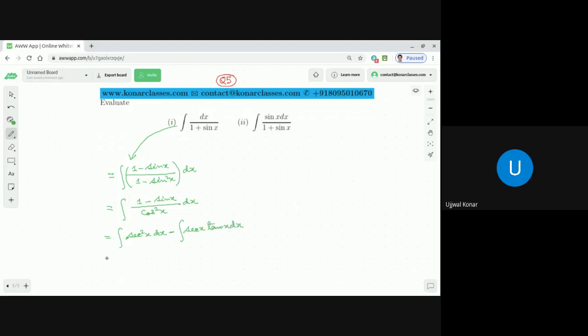All of you got it? Yes. Now we know that integration of sec square x is nothing but tan x, correct? And integration of sec x tan x is nothing but sec x. So the answer is tan x minus sec x plus c. Clear?